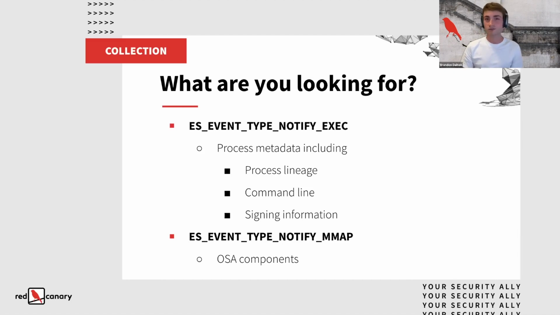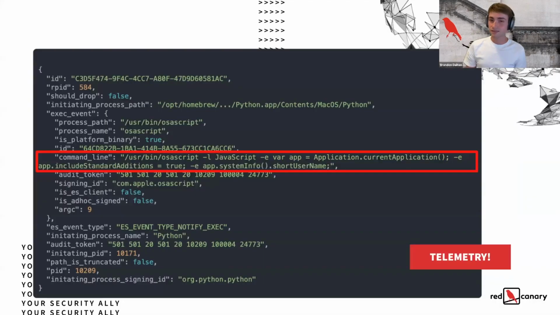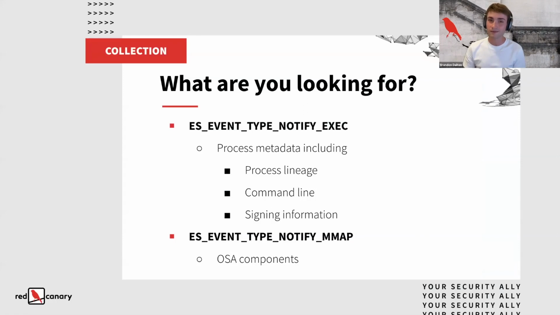You'll have to dig through the code signing flags and perform that bit operation on your own. Some important things to look at here are the process lineage, the command line, and the signing info. From these, you can get some pretty high-fidelity tip-offs that something might be occurring that you're not too sure about. And the mmap events are going to be for those OSA script components, and we'll go over that a little bit later.